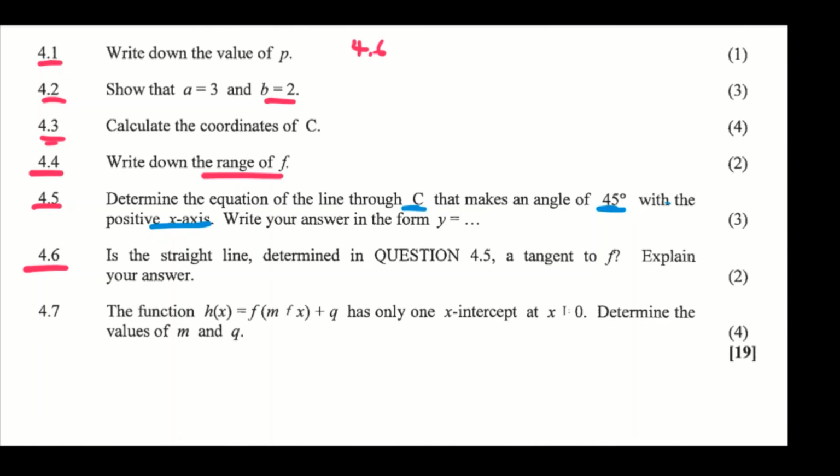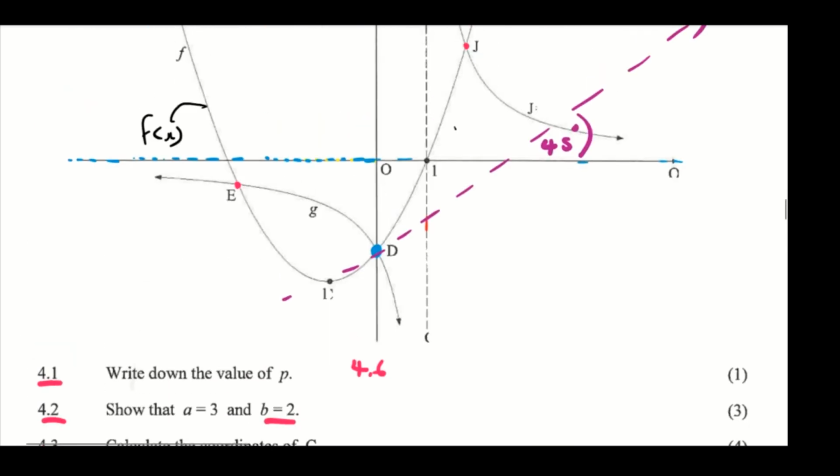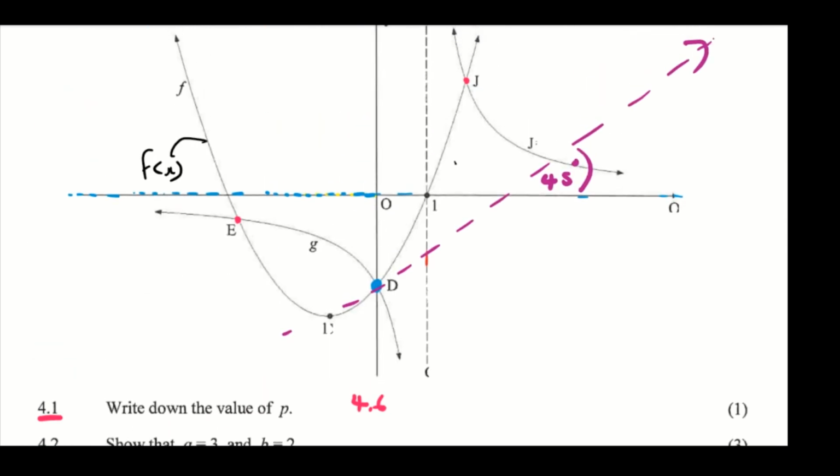Well, it depends, right? So for it to be a tangent, it must pass through point C only, right? Let's say you have a parabola like this, and then it passes through just at one point, then it is a tangent. But because this line, if you see the way I drew it, passes through this point C, and it also passes through the point D, right?